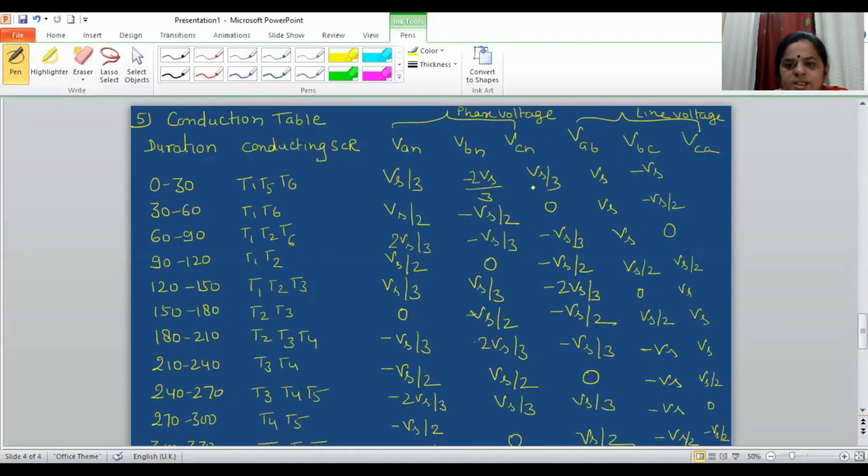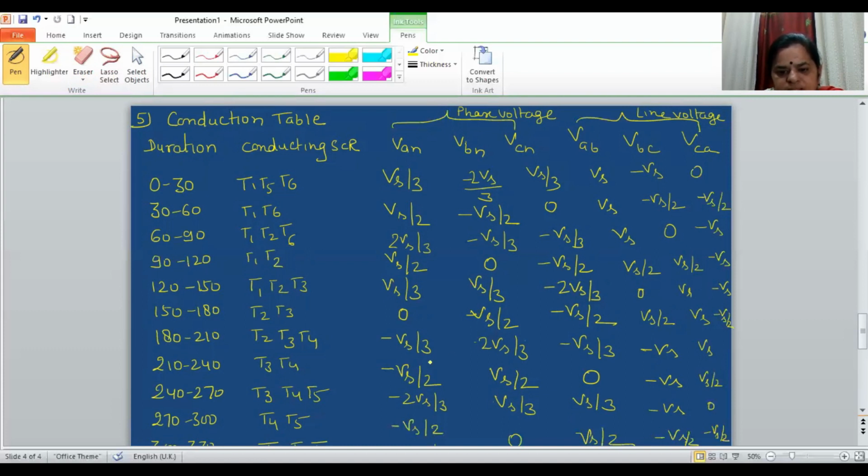Now let us write VCA, this minus this. So what am I going to get? 0. This minus this, so it means minus Vs by 2. Then this minus this means minus Vs. Then this minus this, minus 2 Vs by 3, so again minus Vs. This minus this means minus Vs by 2.